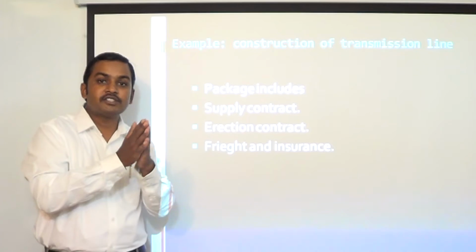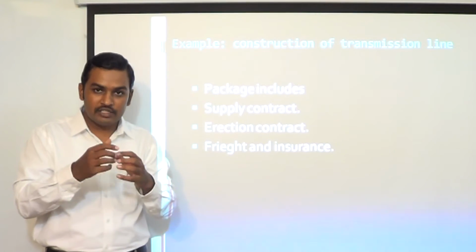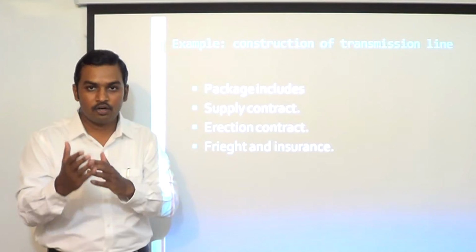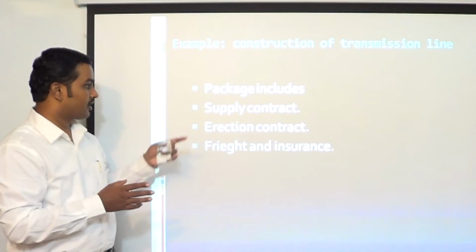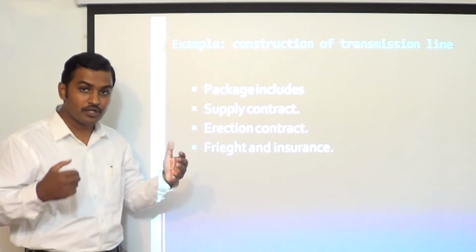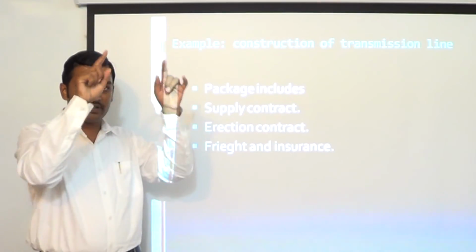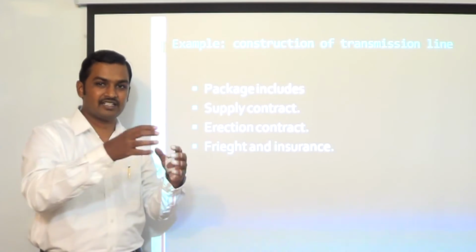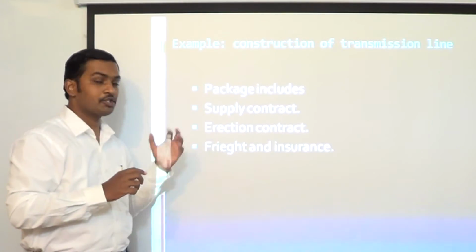Construction of the transmission line. But if you see the contracts which have been entered between the customer and the contractor, you will find that there are three contracts. Supply contract, that is a contract to supply those tower parts which are required for setting up those huge towers, and supply of the conductors, that is the wires. Then erection contract.